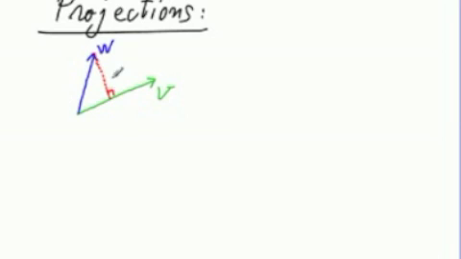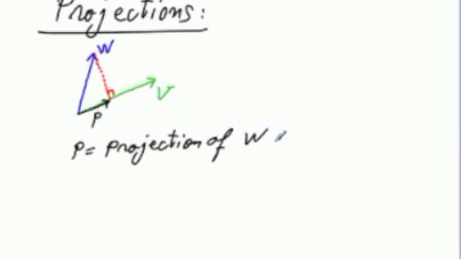So you're dropping a plumb line from here to the green one, and for whatever reason you might be interested in this. We call that P, for example, the projection of W on V.